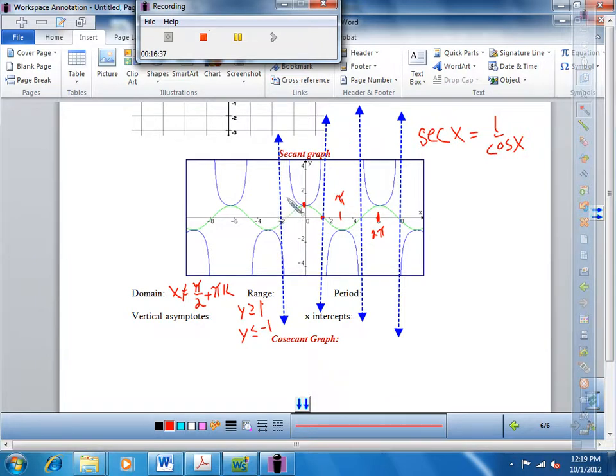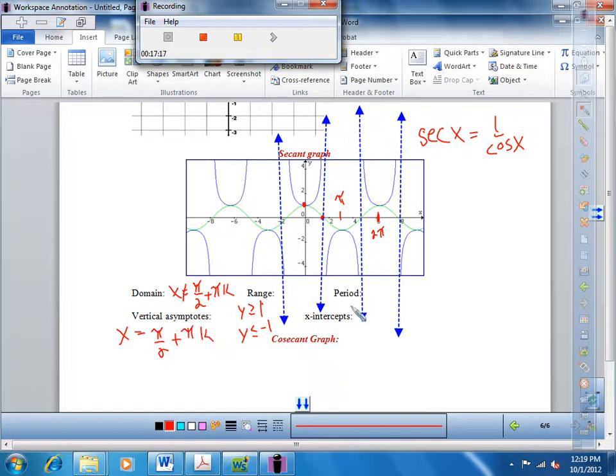Sine and cosine only go between negative 1 and 1, right? So the reciprocal of a number between negative 1 and 1 is going to be a number bigger than 1 or less than negative 1, okay? And the vertical asymptotes are the same as this with an equal sign. So x equals pi over 2 plus pi k.